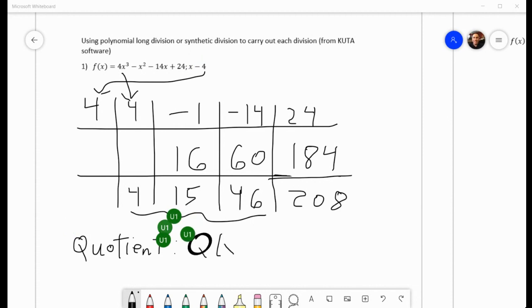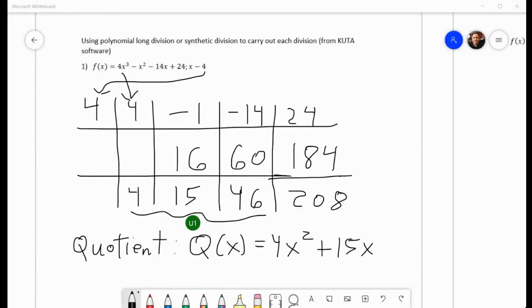And I'm going to call it q of x. And that's going to equal 4x squared plus 15x plus 46. And the last number, the 208 in this case, that's the remainder.